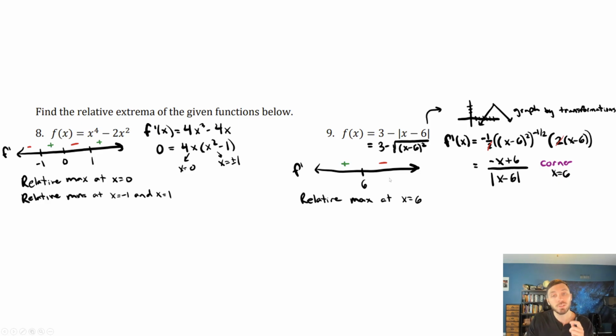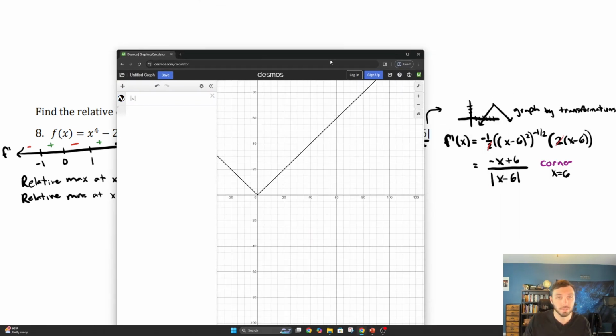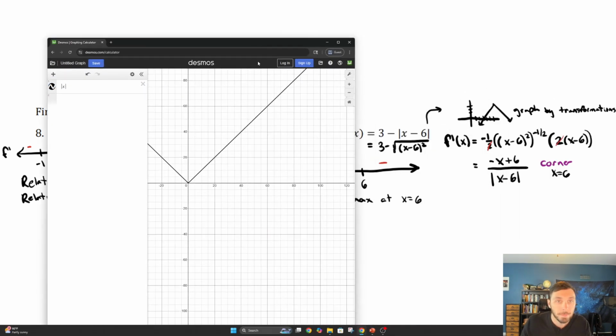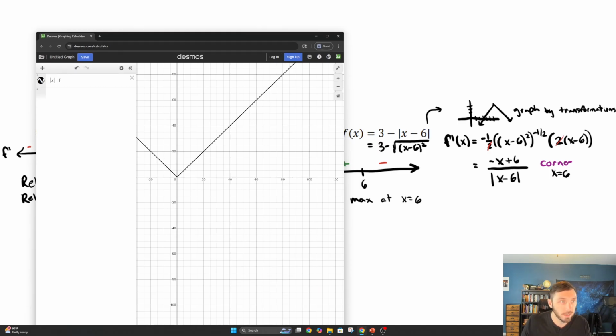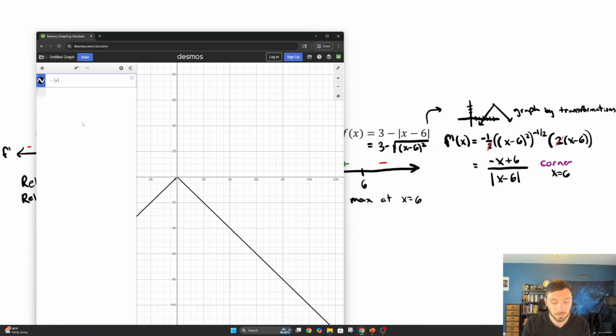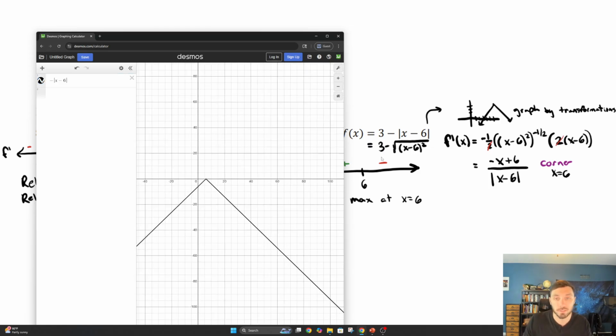Here's the thing: if you just knew your parent transformations on just the absolute value, if you really think about this, it's flipped upside down, scooted 6 units to the right, and then it's 3 units up.